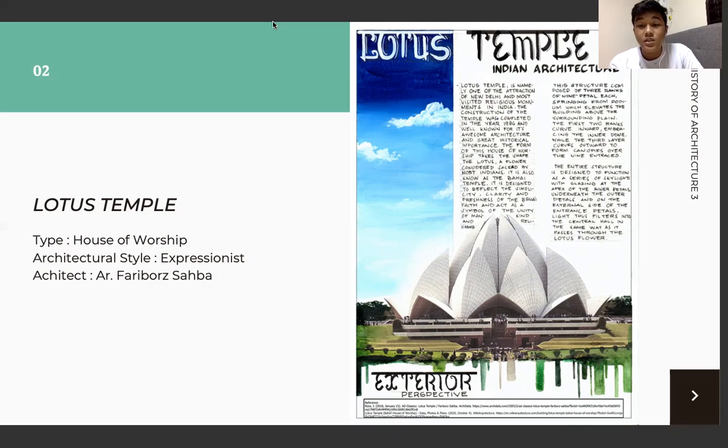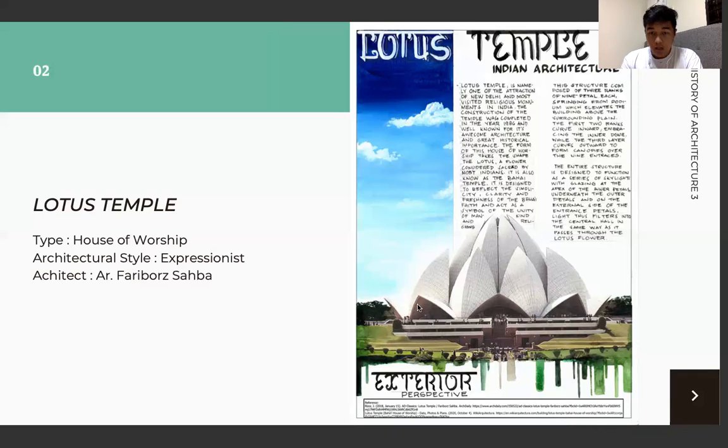The entire structure is designed to function as a series of skylights, with glazing at the inner petals, which we will see later, underneath the outer petals and on the external sides of the entrance petals. Light thus filters into the central hall in the same way as it passes through the lotus flower.